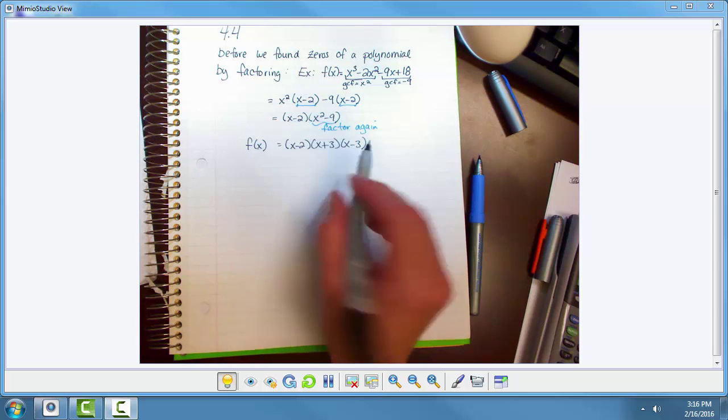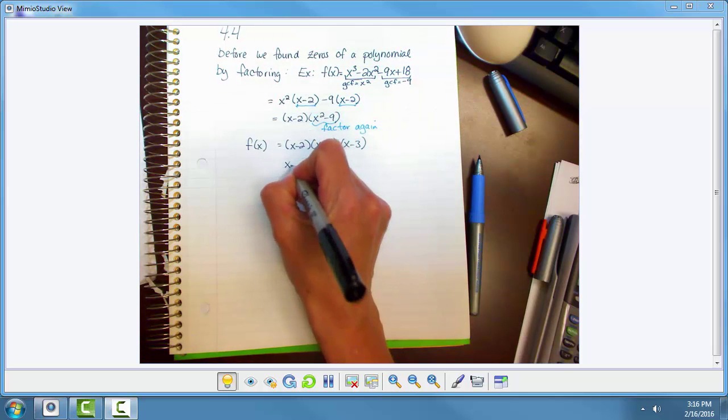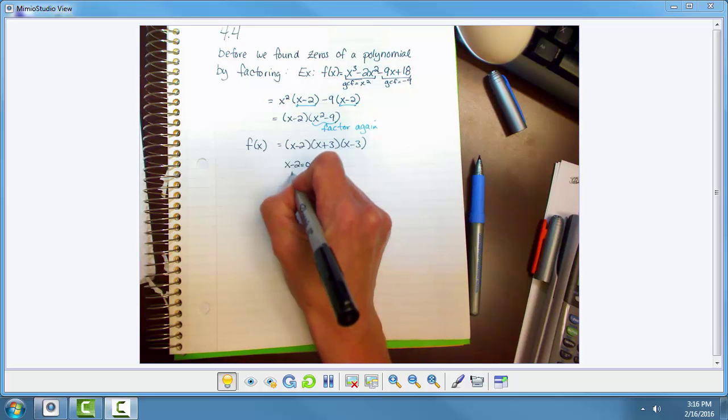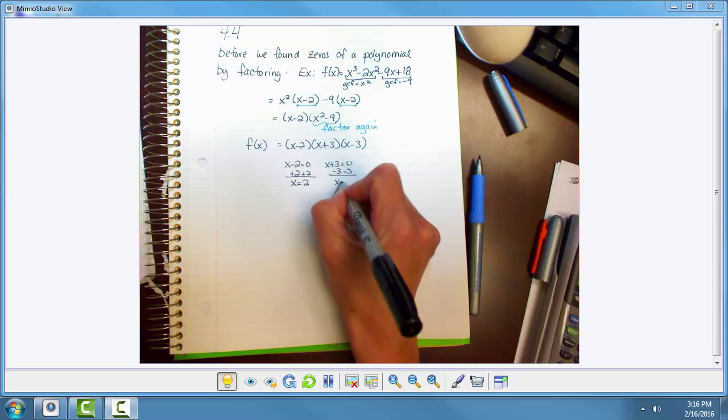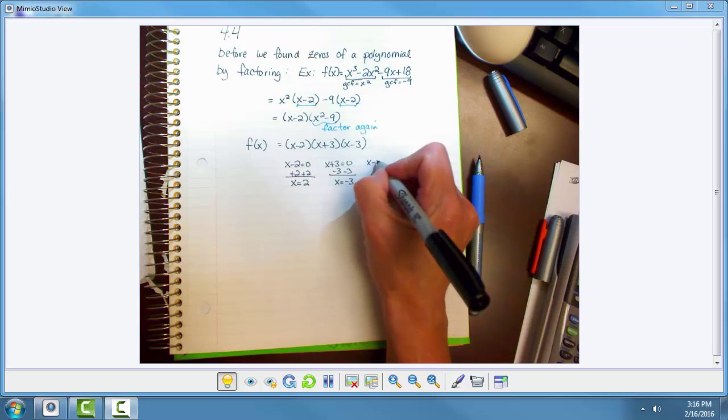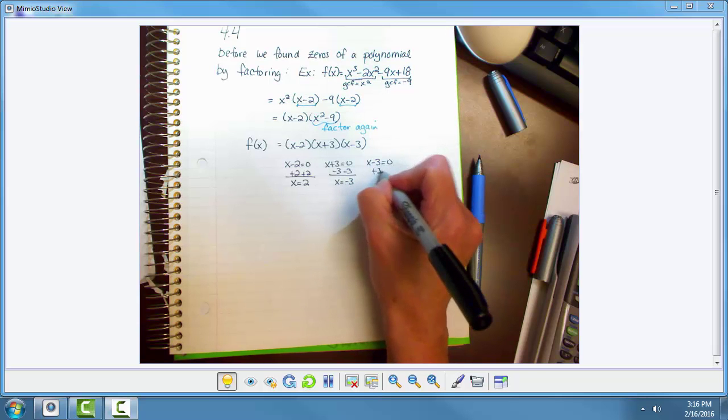Now to find the zeros, we set each factor equal to 0 and solve for x. So we would get x equals 2, x equals negative 3, and x equals positive 3.